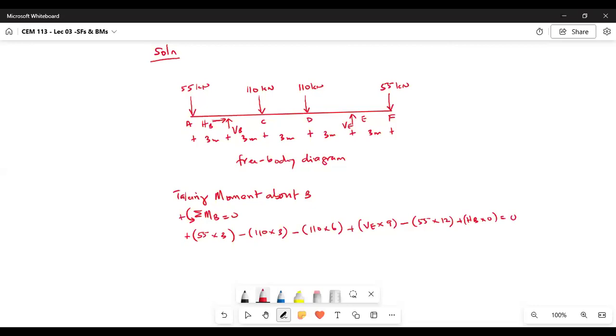This will give us 0. Okay, so then we proceed with the computation.